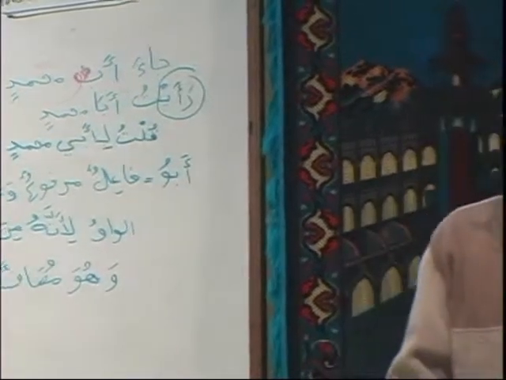Look at these examples. Dakhala zamiluka. Dakhala is a verb. Where is the fa'il? Zamilu. Fa'ilun marfu'un bidamma, sahi? Bidamma. And huwa mudaf and ka mudaf ilayhi. Are you with me, brothers and sisters? Ra'aytu zamilaka.